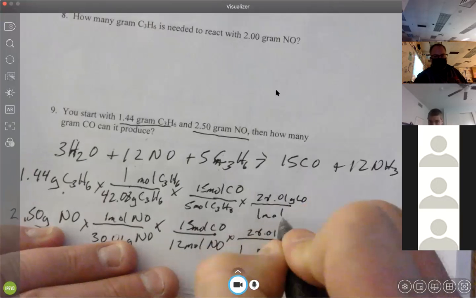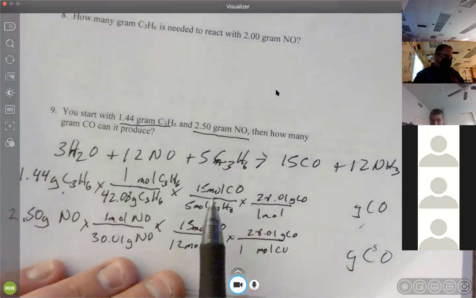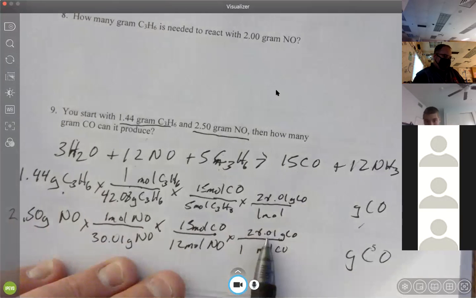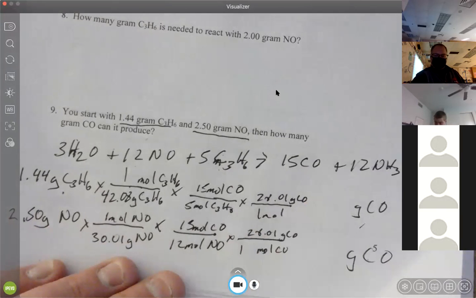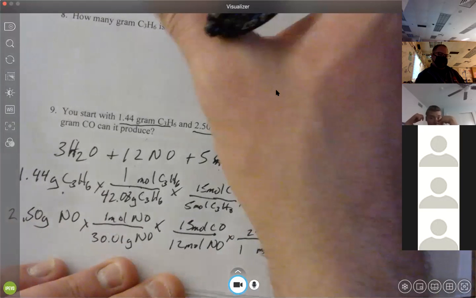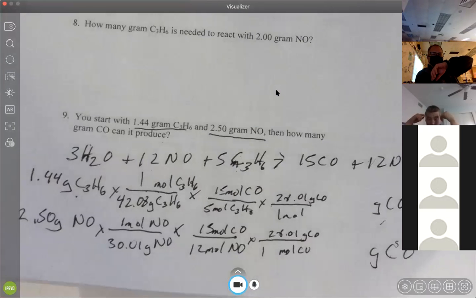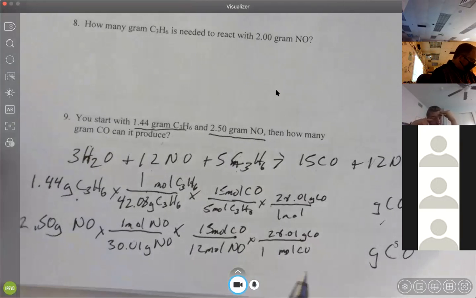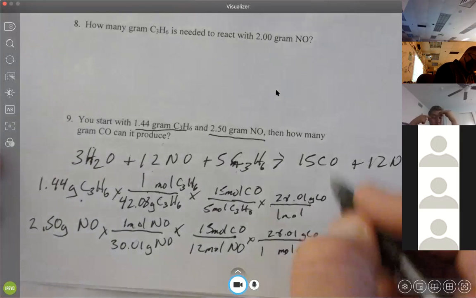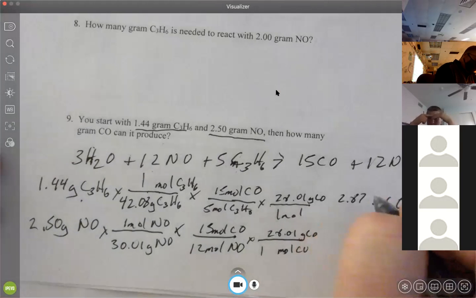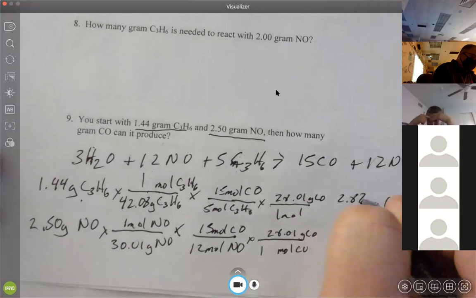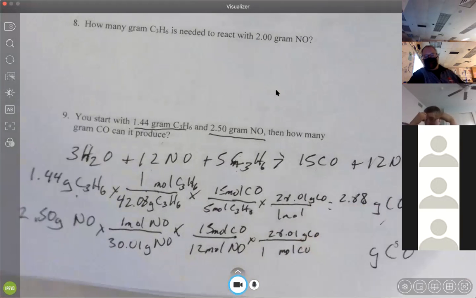Right, the last step in this is both the same because we've already switched to moles of CO. And then all this does is change it to grams of CO. So now it's a game where we basically just have to sit there and calculate it out. 1.44 divided by 42.08 times 15 divided by 5 times 28.01. The answer is about 2.8755 equals 2.88 grams of CO.